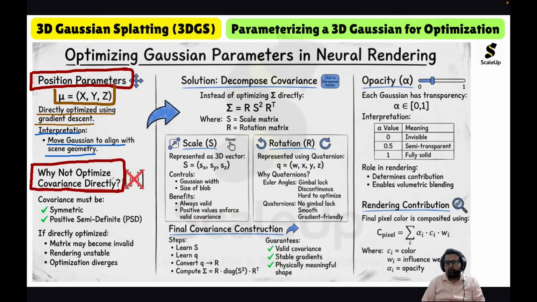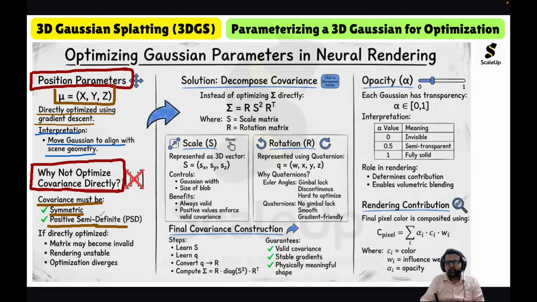Now we cannot optimize the covariance directly. Rather we have to decompose the covariance matrix. Now why can we not optimize covariance directly? The reason is that covariance must be symmetric and positive semi-definite.